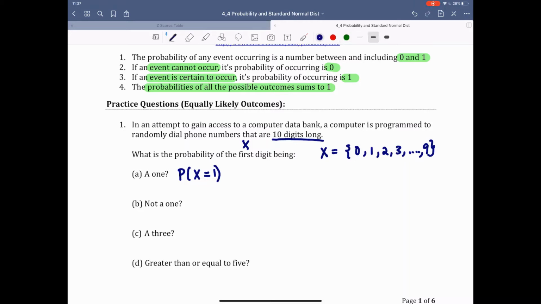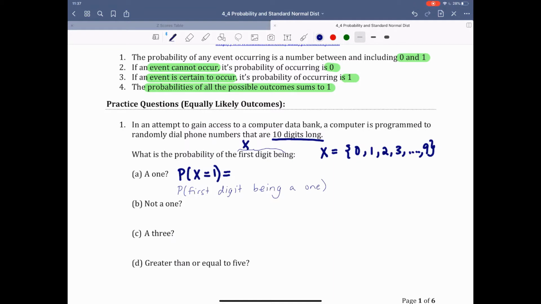Sometimes, depending on what textbook you use, you might see something like this: probability of first digit being a 1. Okay, same thing, but we've defined X to represent the first digit of our 10-digit long phone number.